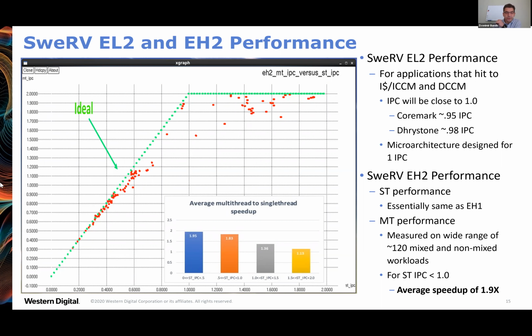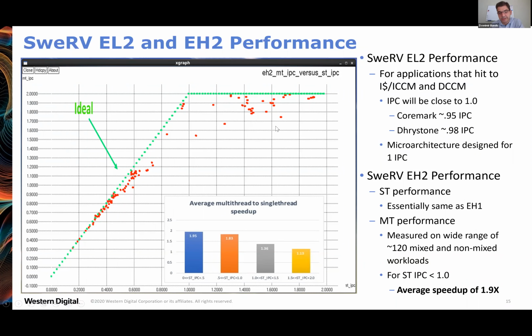You can see for those applications that have relatively low IPC, like 0.4, if you run them on the EH2, you will get roughly double the acceleration, which is exactly what's expected. And then obviously, as you cross, you get really nearly ideal acceleration.